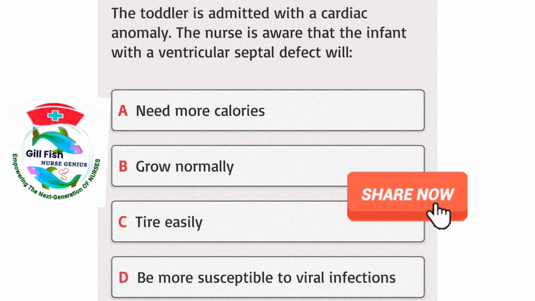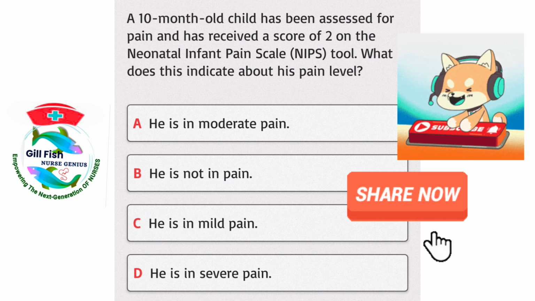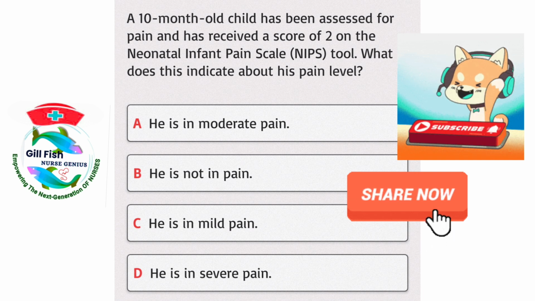Actually the toddler is having a cardiac anomaly. In that condition, when there is a ventricular septal defect, what problem is going to arise? What type of problem is the baby going to have? So what is the correct answer here? Daily we will see more questions according to the paper. It is a different subject also. So today we are looking at the pediatric nursing paper.